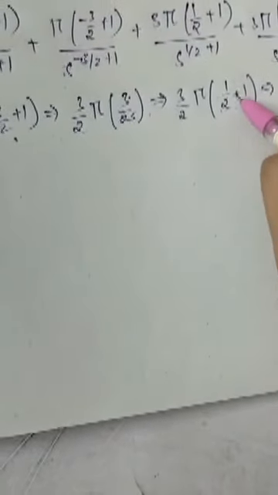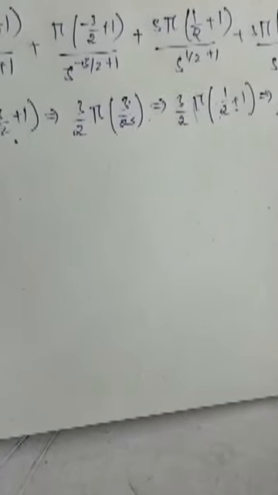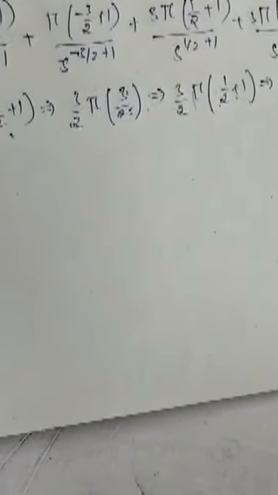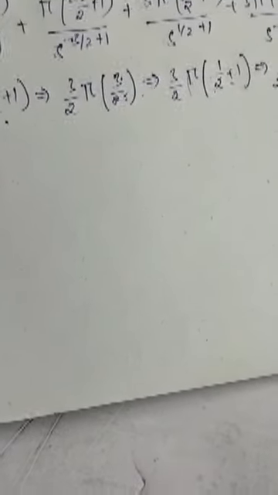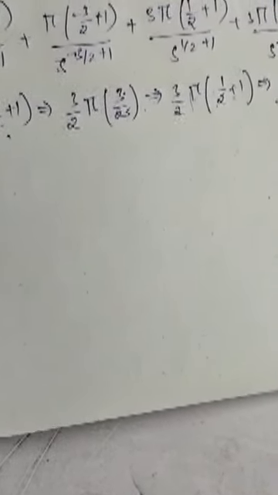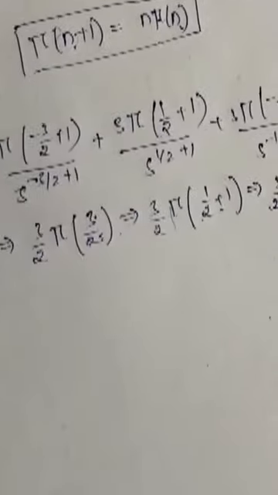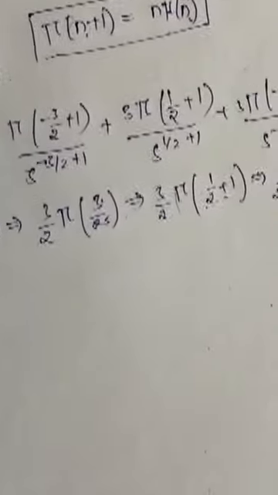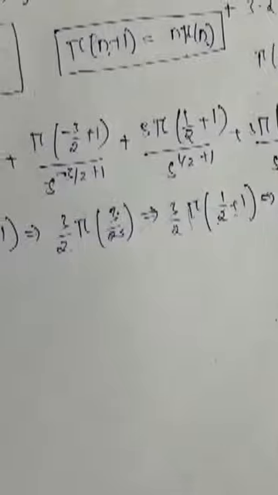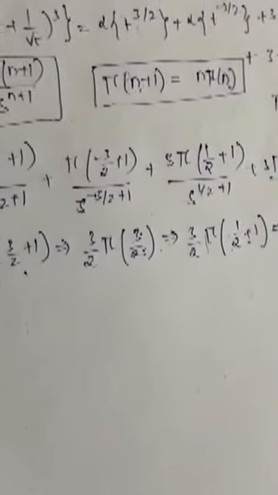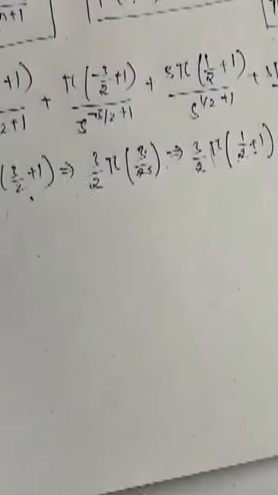Again it is of the form gamma of n plus 1, again we will be applying this one. So 3 by 2 into 1 by 2 into gamma of 1 by 2. Now there is no chance to reduce this part further, and as we know, gamma of 1 by 2 is root pi. So that's why I said properties are more important.